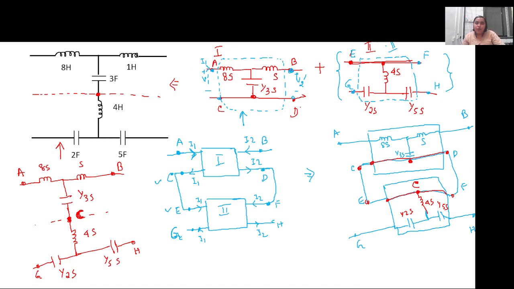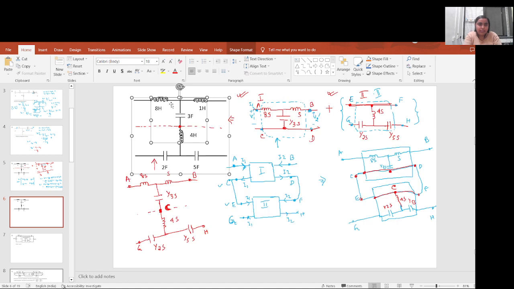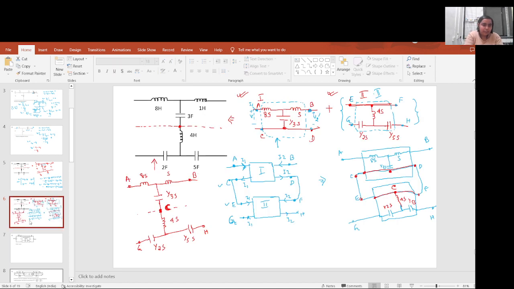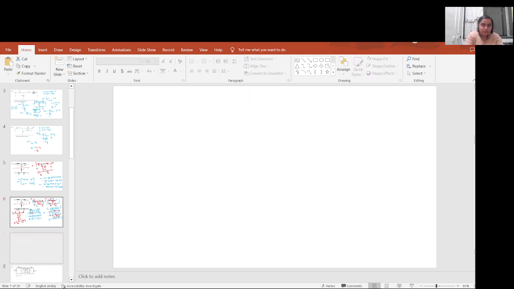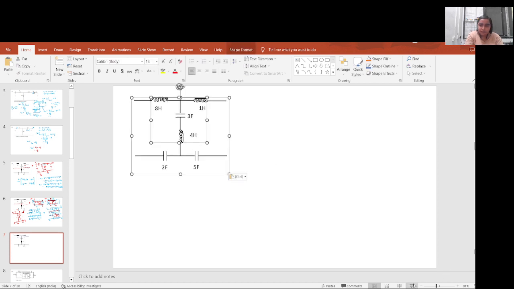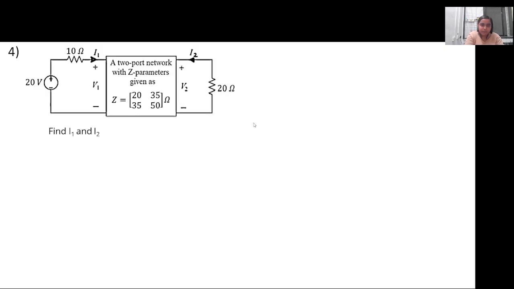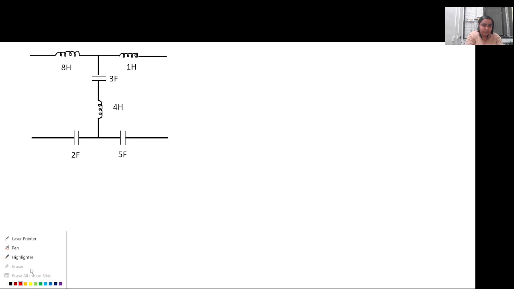So now for these two circuits, I'll be writing down the equations, right? And see if the series connection is still valid. So for network 1, let us write down the equations.